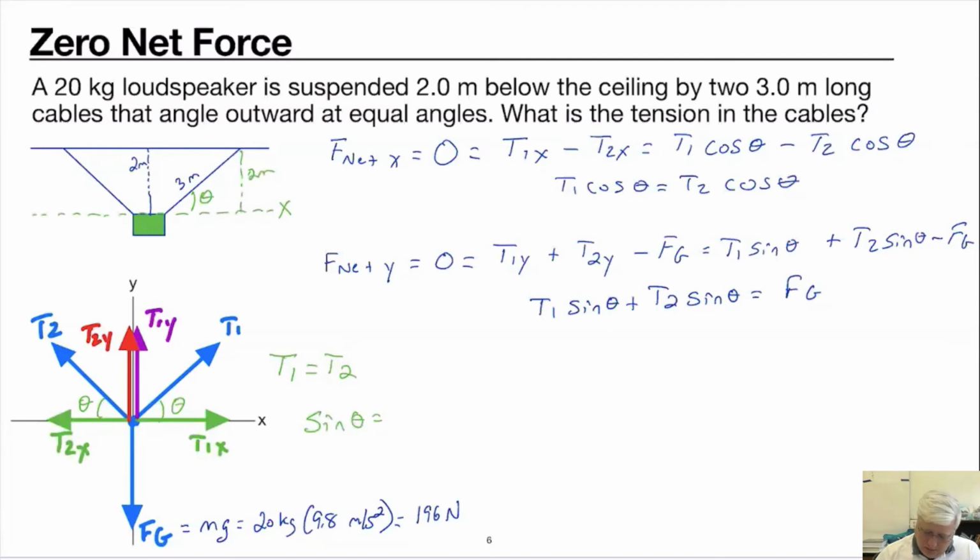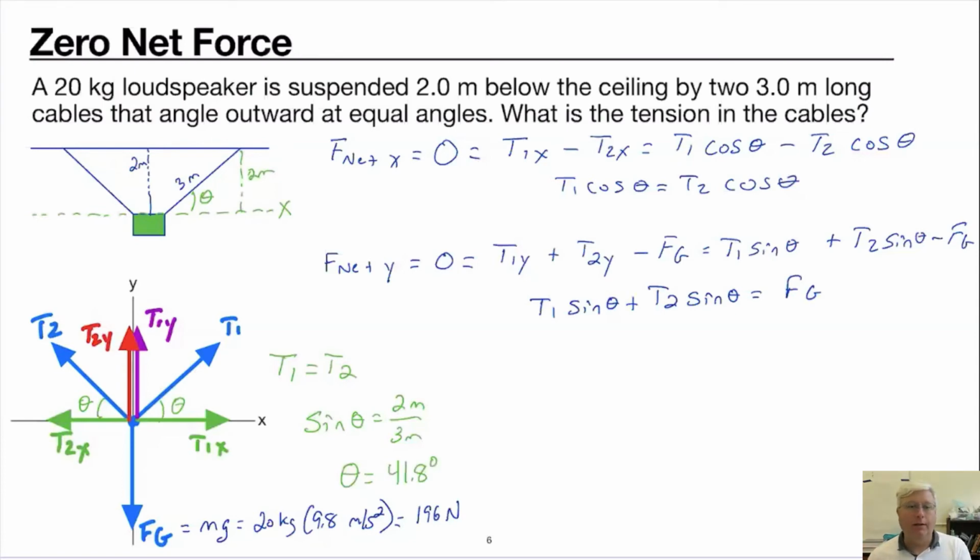So 2 meters over 3 meters. And so, 2/3, inverse sine, and I get 41.8 degrees.